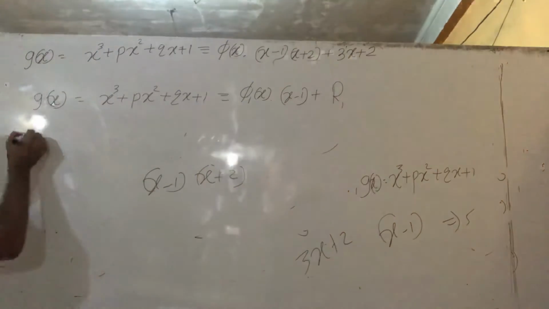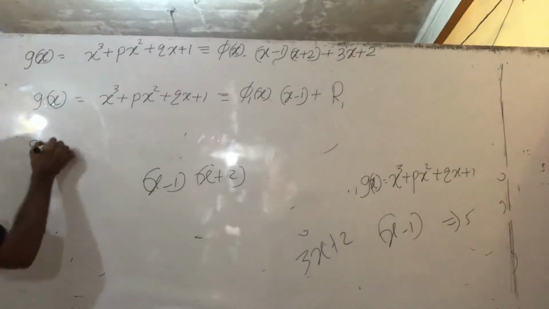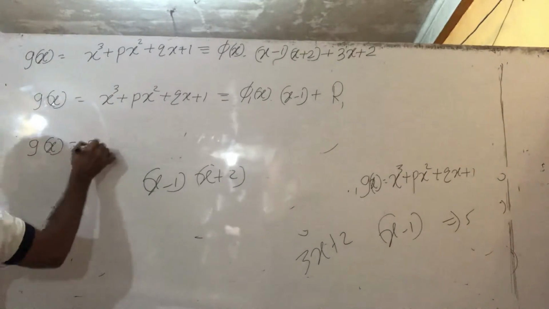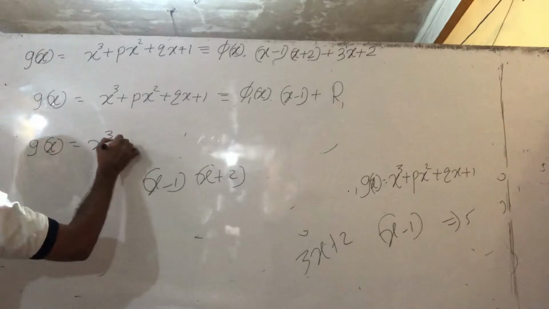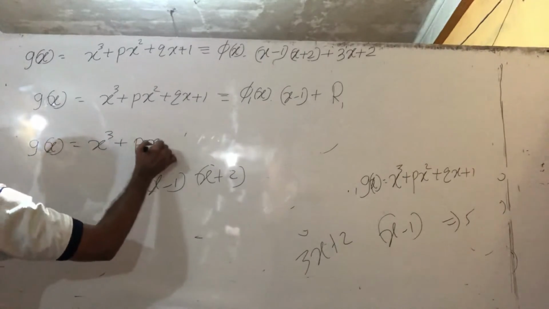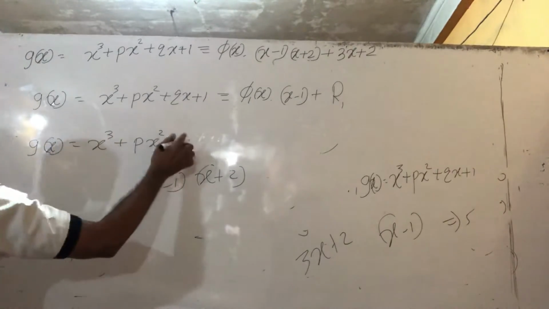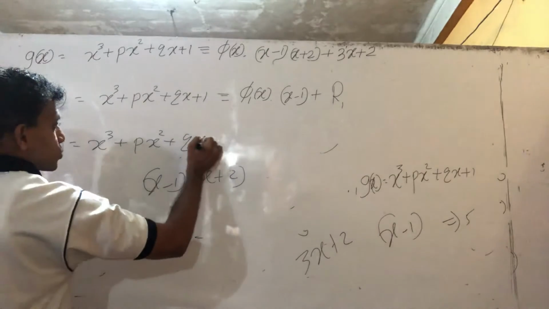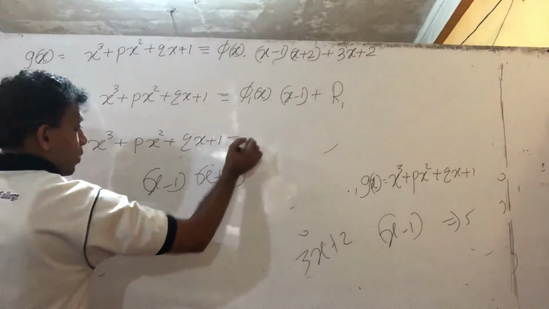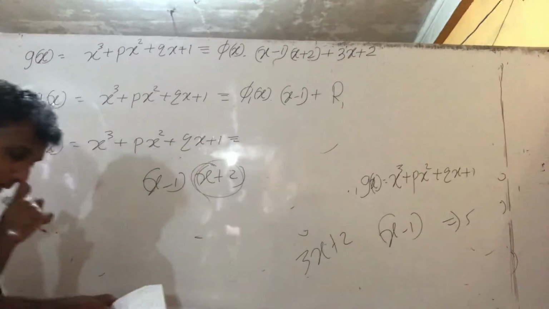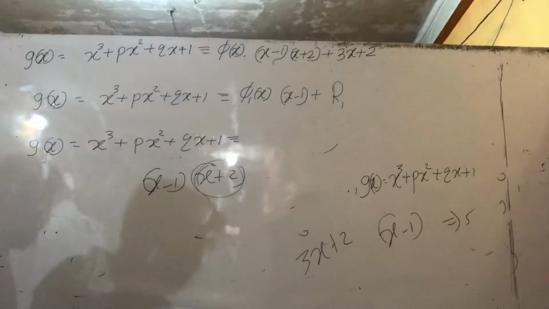Also the other part. Again they give g(x) = x³ + px² + qx + 1, divided by x + 2.